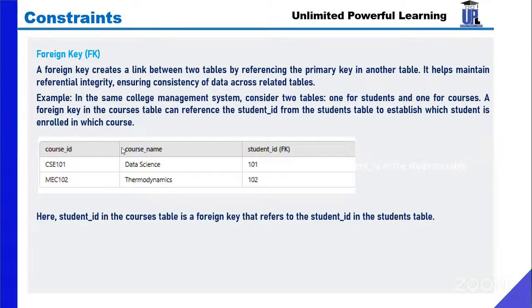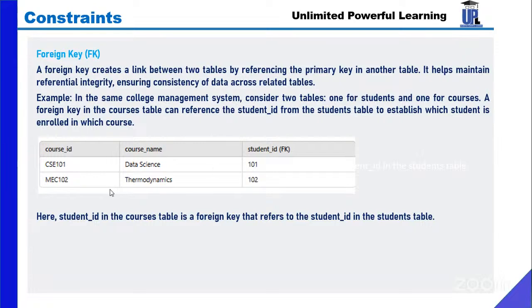The course ID and course name are in the course table. In that table, for the student who has enrolled, I have added the student ID. Then what is this foreign key talking about? Foreign key of student says student ID, which means there should be one table having student ID as its primary key, and we are reusing it. This is called foreign key.